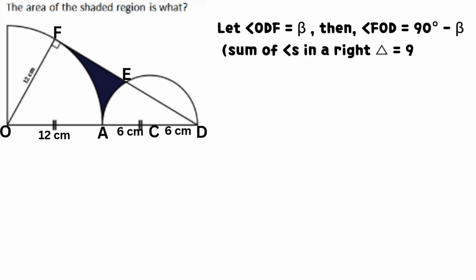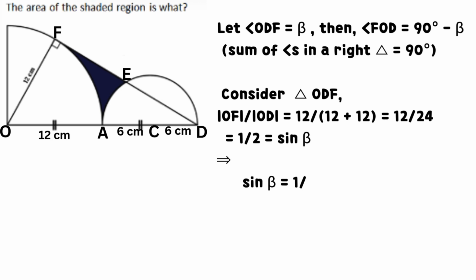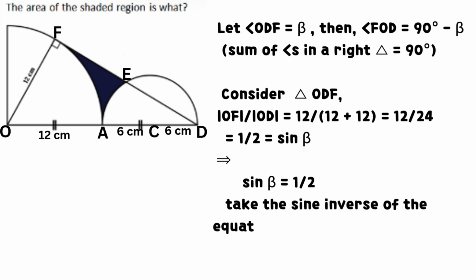Let angle ODF equal beta, then angle FOD equals 90 degrees minus beta. Consider triangle ODF. Line OF divided by line OD equals 12 divided by 24 which equals half. The result equals sine beta. It implies that sine beta equals half.